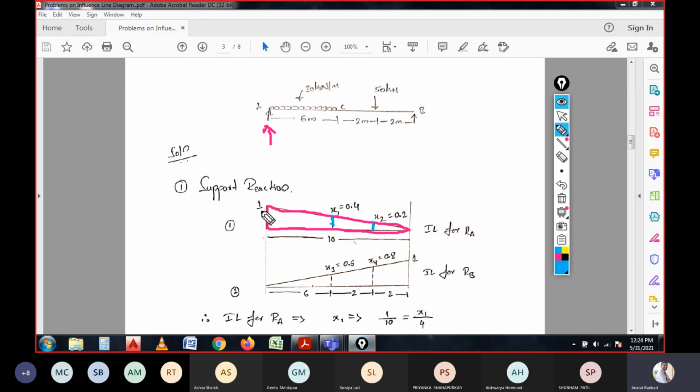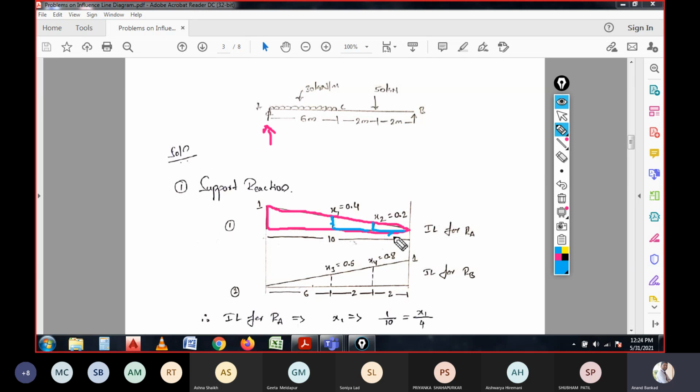For this unity we are targeting this point, and this point has a remaining distance of 4 meter. This 4 meter distance is considered the coefficient value for the total span, that is 4 by 10. This is the regular practice to consider the coefficient values for the sections.